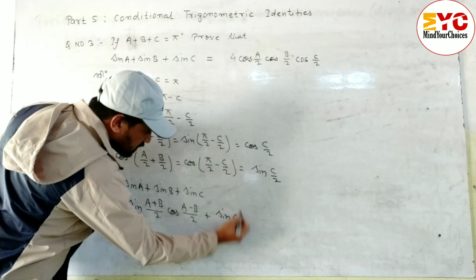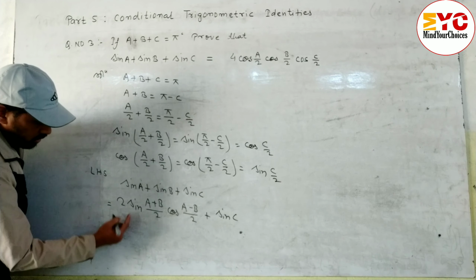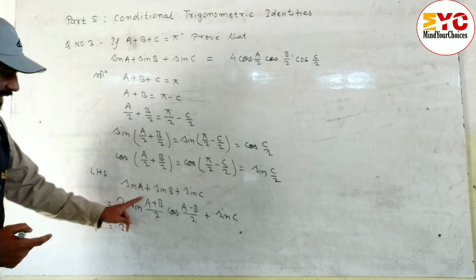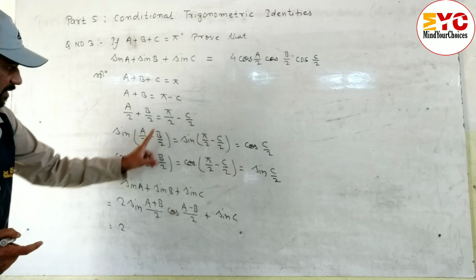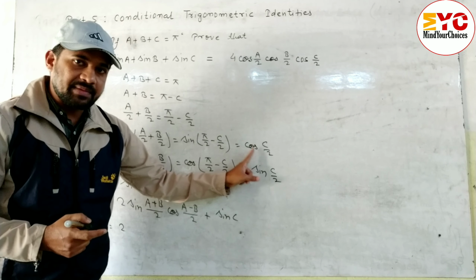Next step, you can write down this formula: 2, and what is the value of sin((A+B)/2)? Look here, sin((A+B)/2), and the value is cos(C/2).